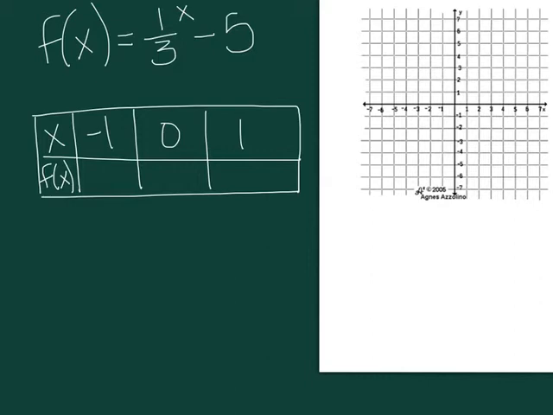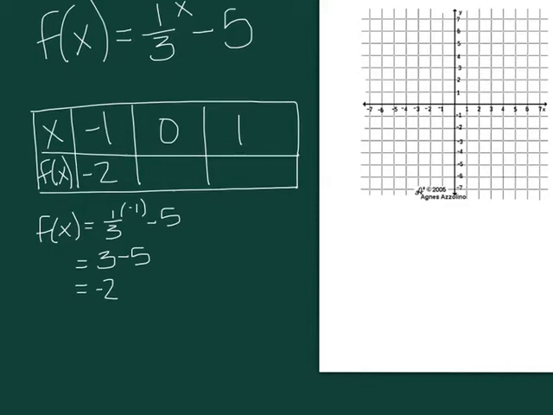Okay, so if we have f of x equals 1/3 to the -1 minus 5, 1/3 to the negative 1 is 3. 3 minus 5 is a negative 2. So when x is negative 1, y is a negative 2. So let's do another one of these.